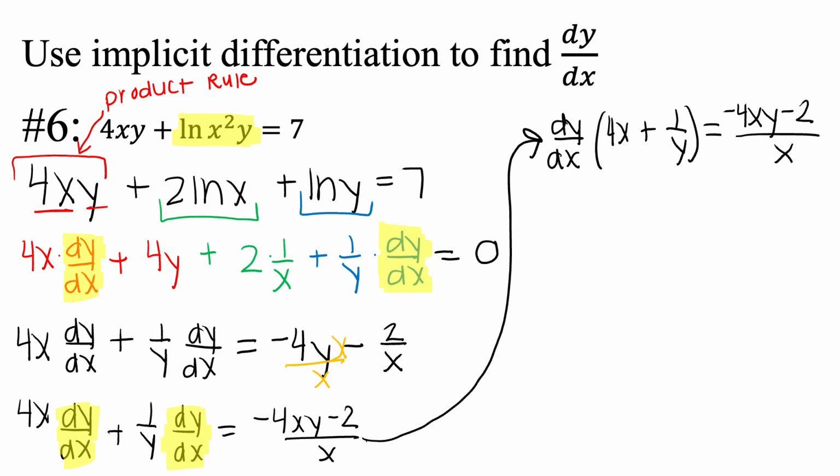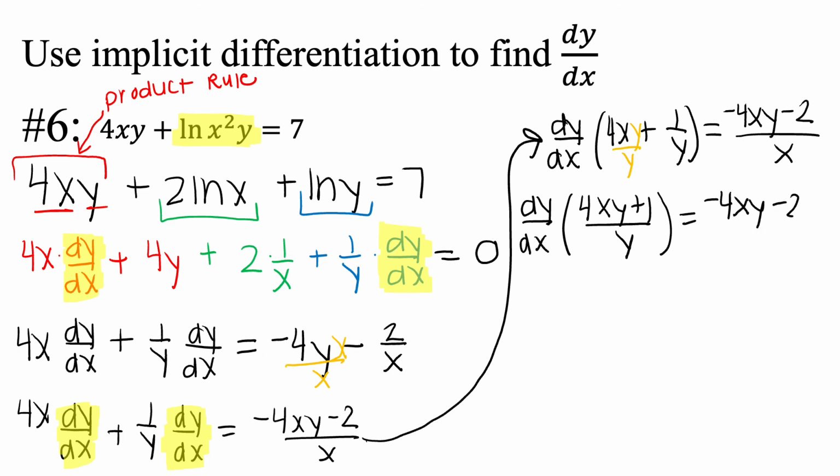And just like I did on the right-hand side, I'm just going to make a common denominator by multiplying by y over y. So we really have dy/dx, and then we have 4xy plus 1 over y. And this is equal to negative 4xy minus 2 over x.